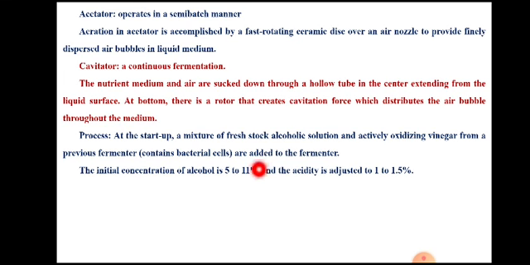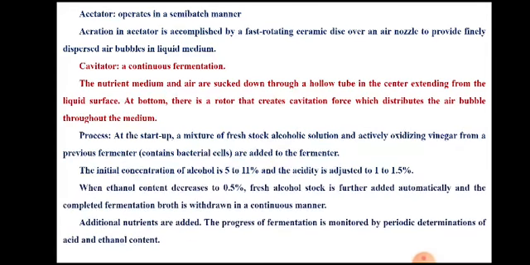The initial concentration of ethanol in the mixture is 5 to 11%, and the acidity is adjusted by vinegar to 1 to 1.5%. Finally, when the ethanol content decreases to 0.5, fresh alcohol stock is added. So there is intermittent addition of alcohol stock.